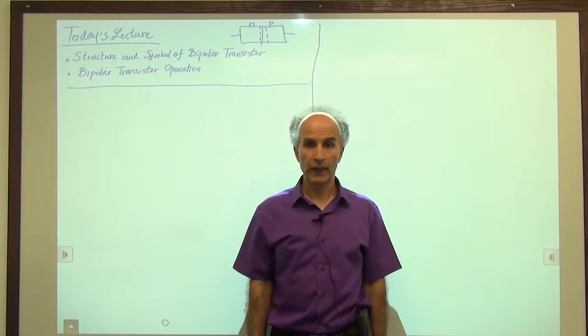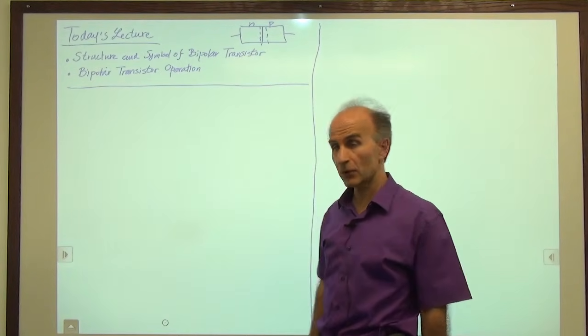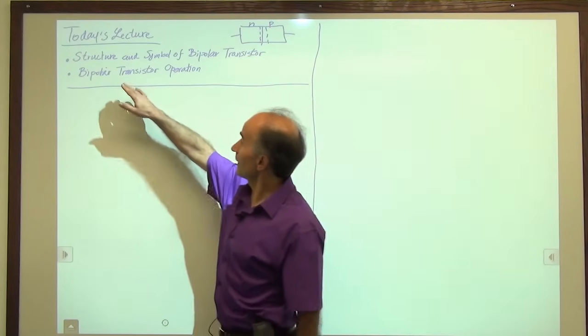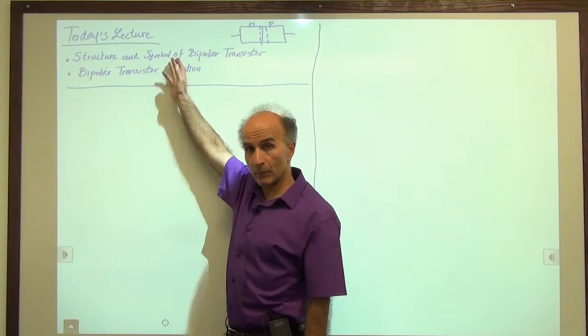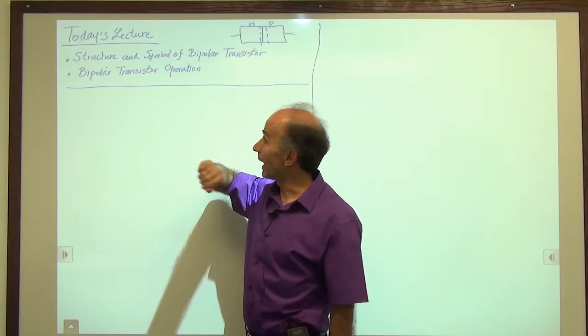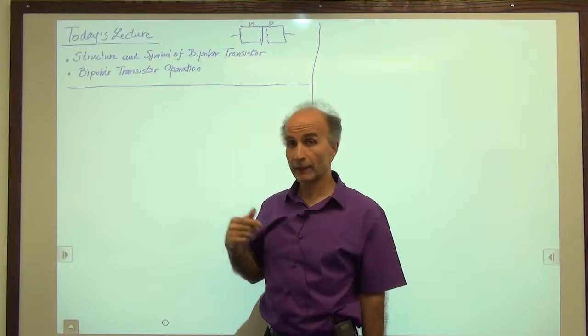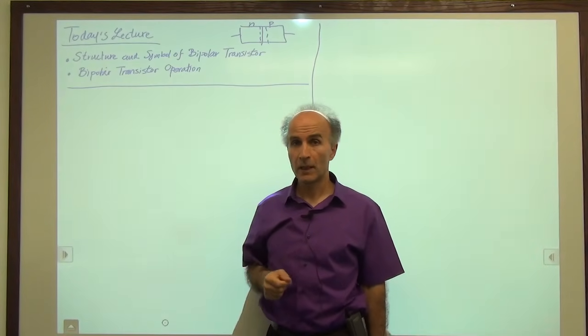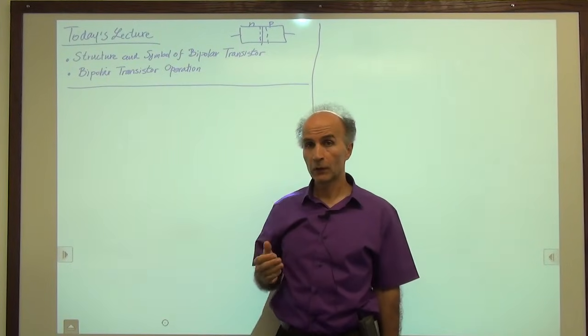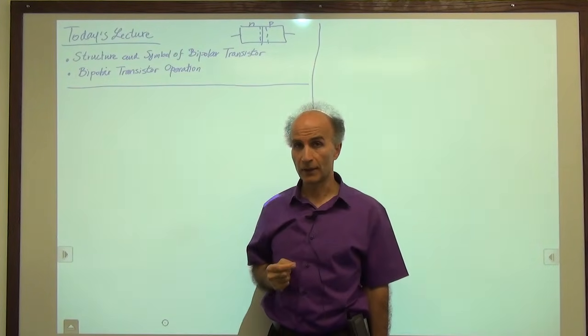All right, so today this is what we would like to accomplish. We will start by looking at the structure and the symbol of the bipolar transistor, and then we go to its operation, its physics. In fact, the development that we follow here is similar to what we pursued for the PN junction.